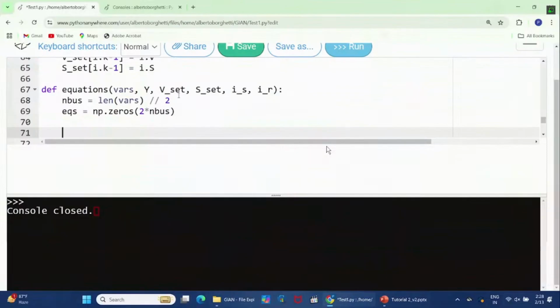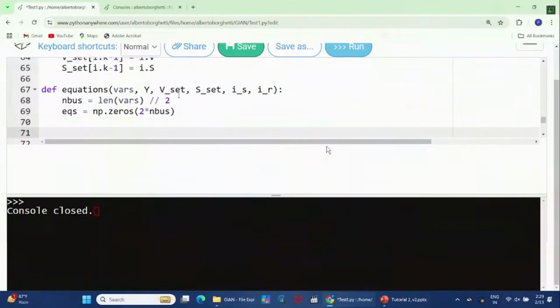So I put them in an order in this way. So this is vars. And so I can define the angles, and also the RMS value of the voltage, the magnitude of the voltage, the modulus of the voltage. I will put abs V for the modulus, and this is the angle.